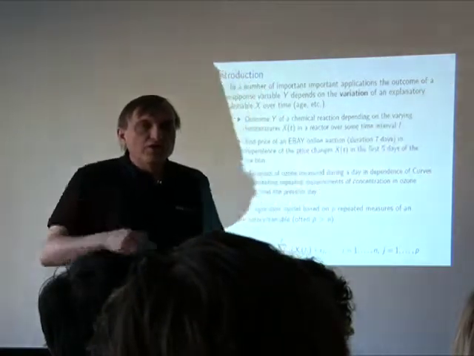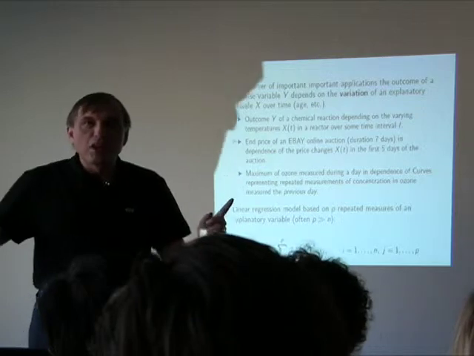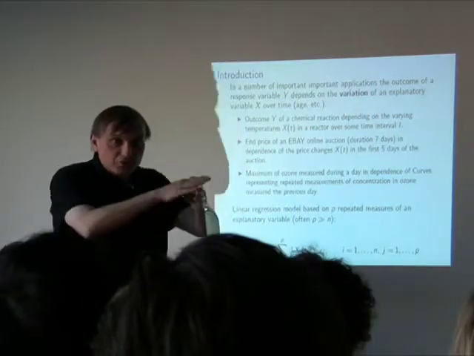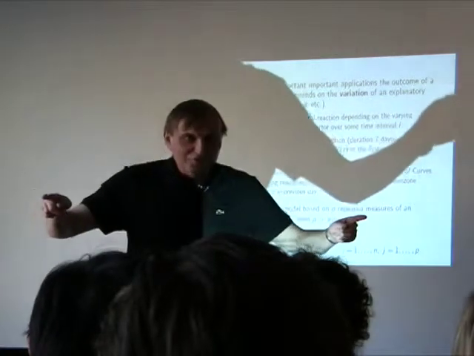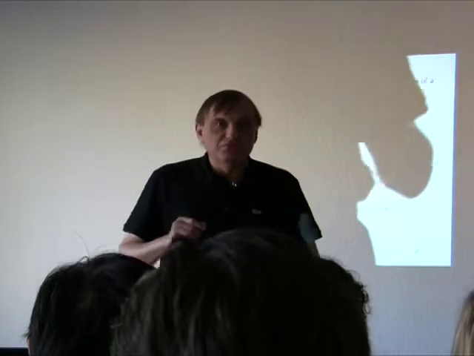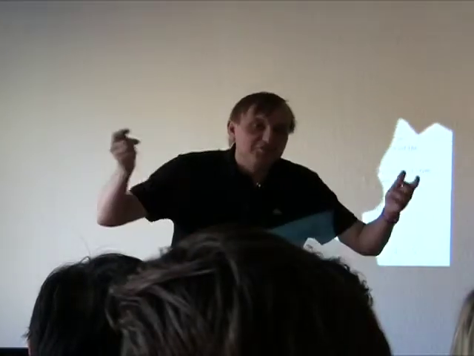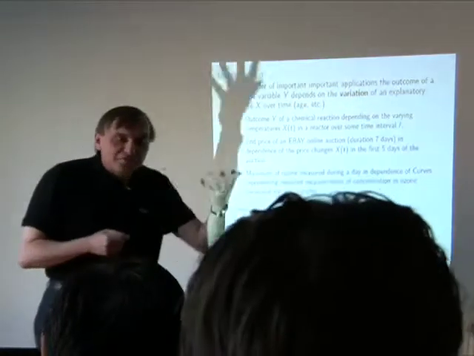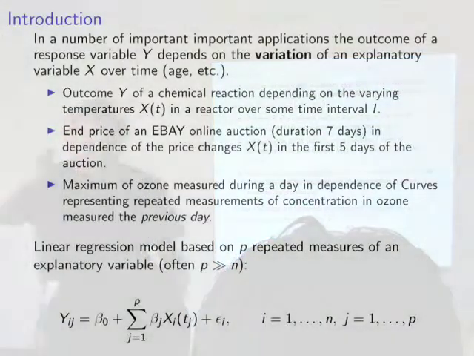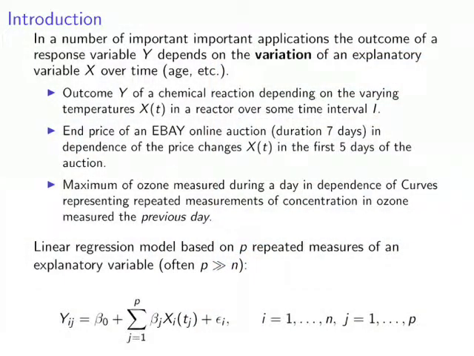So you have a varying temperature curve for 24 hours. Now, of course, in order to manipulate it, you cannot really work with continuous curves, and the computer won't accept it. You have discrete observation points, say each hour. Then the p will not be too large, okay? But you could also say each minute. So the first variable is, for example, the observation of the temperature curve at the first minute, the second variable the observation of the temperature curve at the second minute.